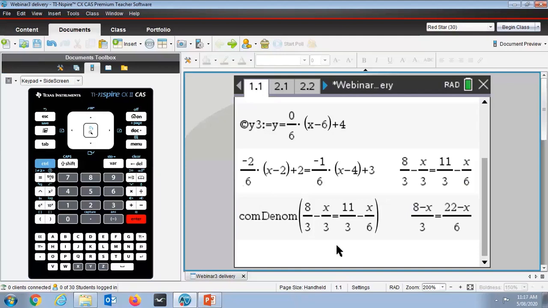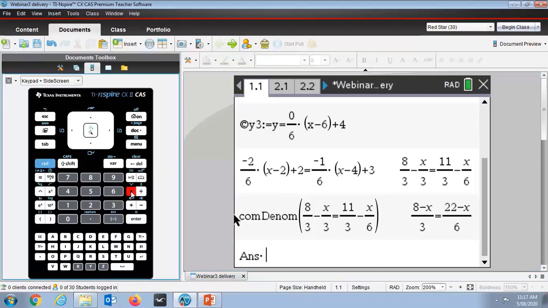Now, we can do that quite nicely by just pressing the multiplication key, and you notice what comes up. ANS, which stands for answer. It means it will recognize your previous answer, which is that expression that was up above, and we're going to multiply it by 6.